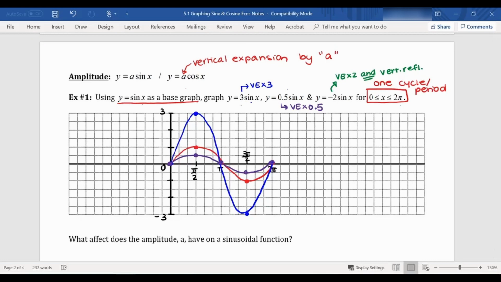Okay. The last one, now the problem is that we have expansion by 2 and a reflection. So normally our point is at +1. We expand that, now it's going to be at +2, but if we reflect it, it should be down at -2. Our zeros are still staying in the same spot.